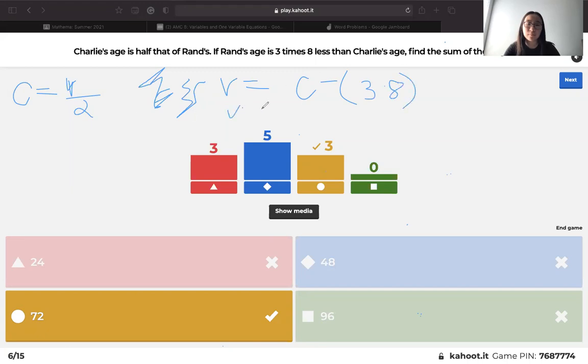So R is equal to C minus 24. Hopefully that's what it means. Okay, I think it means like 3 times C minus 8. Oh, okay. Yeah, so that makes a little more sense.